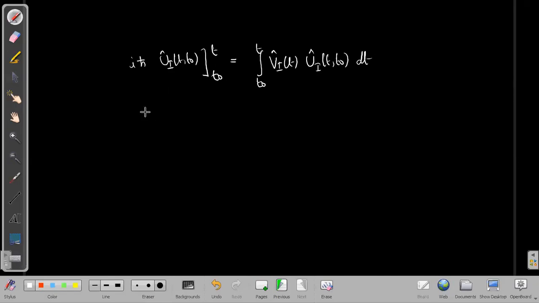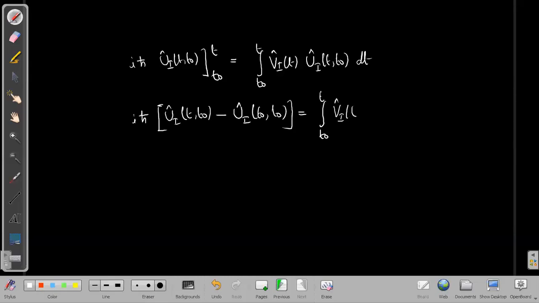On the left side, putting in the limits, i h-bar times U_I(t, t0) minus U_I(t0, t0) equals the integral from t0 to t of V_I(t) U_I(t, t0) dt. Now consider this U_I(t0, t0).